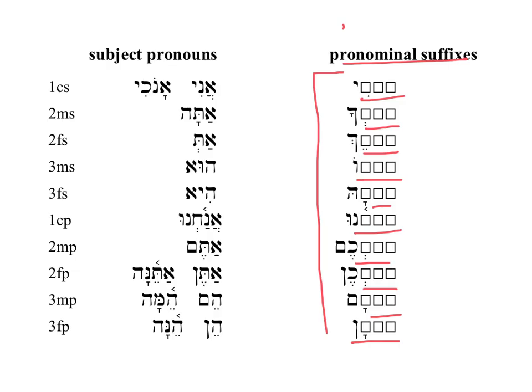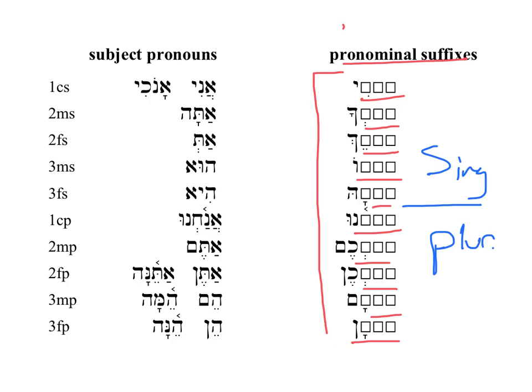So we have all these different endings depending on first, second, third person, and we also have a difference between singular and plural. It's important for us to become familiar with these. I don't know if you have to out and out memorize them, but you should become very familiar with them and work hard to get them early on because they're very, very common in Hebrew.